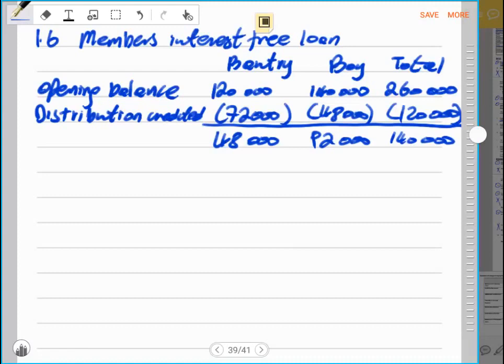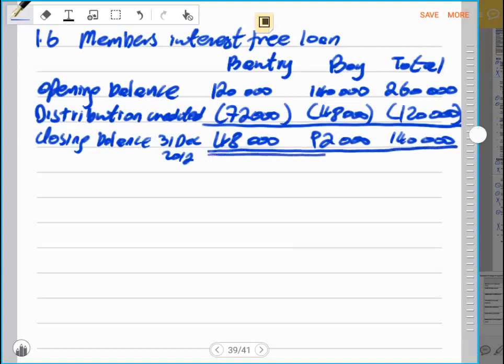Those will be the closing balances on the 31st of December 2012. So now we are done with the recording of the members' interest-free loan accounts. Then we do transaction with the members.